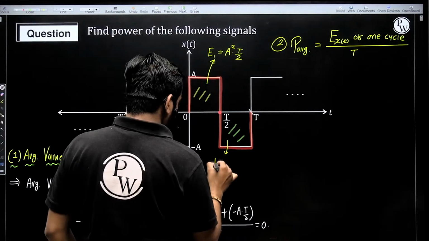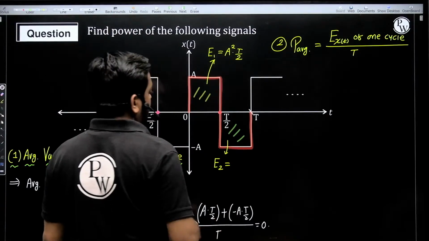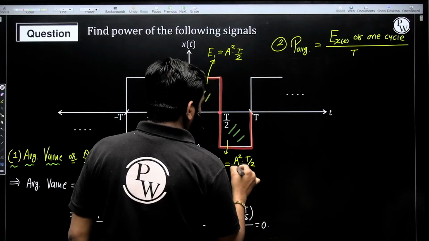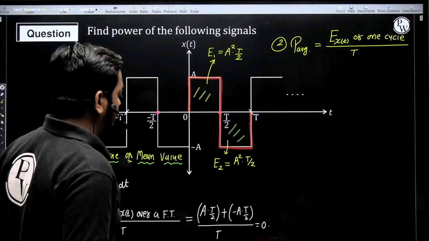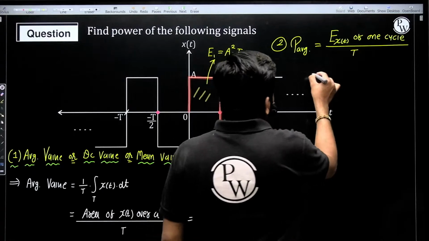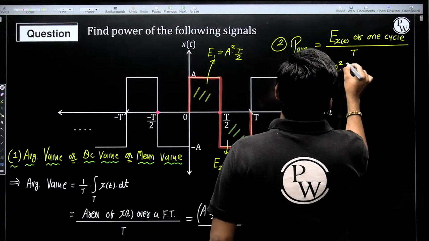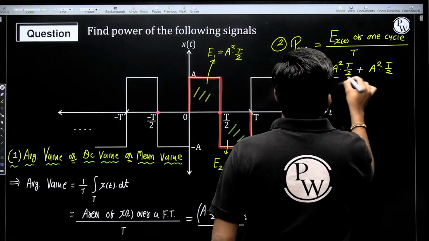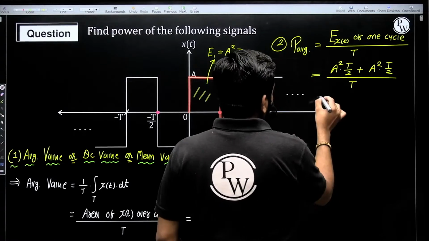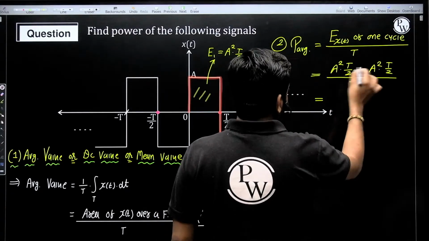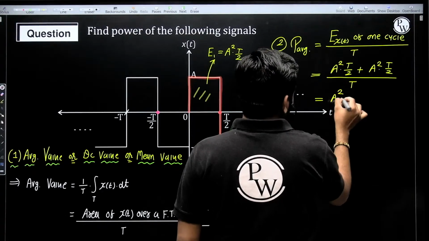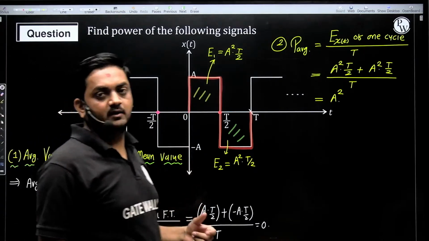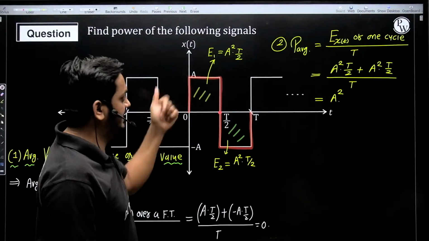What is the energy of this one? Again A square into width. So the total energy is the sum of the individual signals. Total energy is A square into T by 2 plus A square into T by 2, divided by the fundamental time period, capital T. So it will be A square into T, T gets cancelled out, A square. So the average power of this square waveform is nothing but A square, simple.